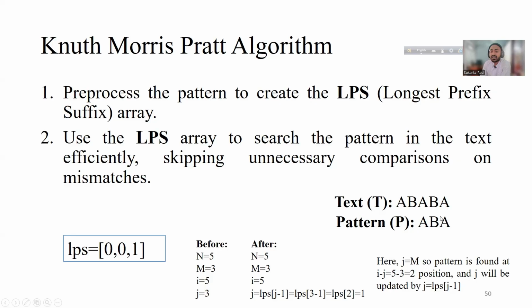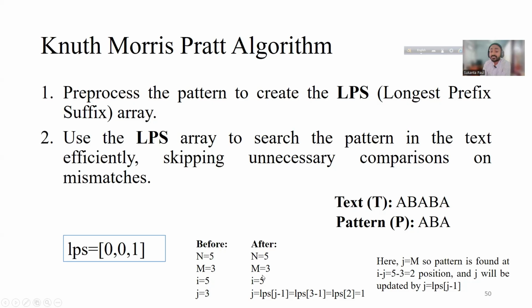Since the updated value of j is 3, which is equal to the length of the pattern P, that means j and m are equal.